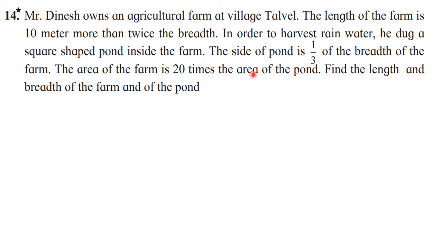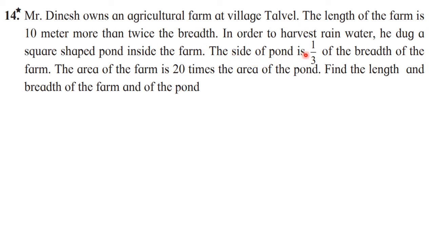Now here, out of these three, means length of the farm, breadth of the farm and the side of the pond, what to take as x? You have to decide what should be taken as x. So for this, you read the statements. See, the length of the farm is 10 meters more than twice the breadth. That means the length of the farm is given in the form of breadth.